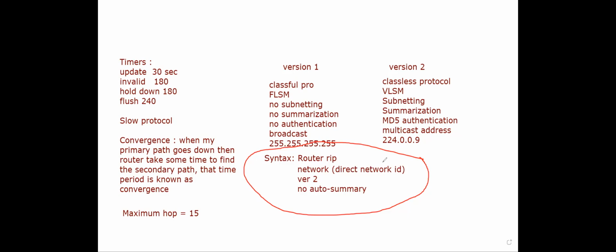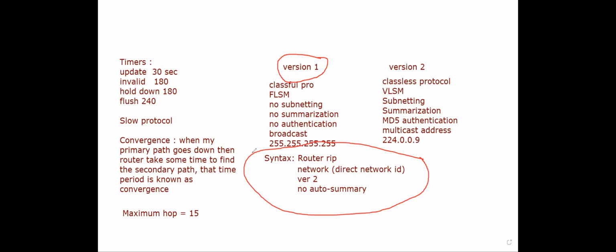Any doubt in this? Yes, sir. Yes, Dario, any doubt? I feel like I'm confused. Maybe first do the practical, sir, and we see maybe in the practical it will be easier to understand. Yes.